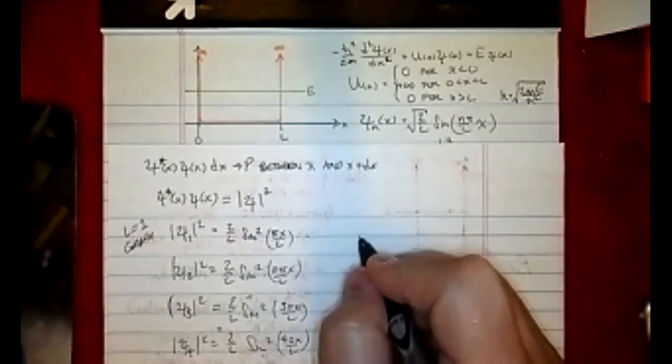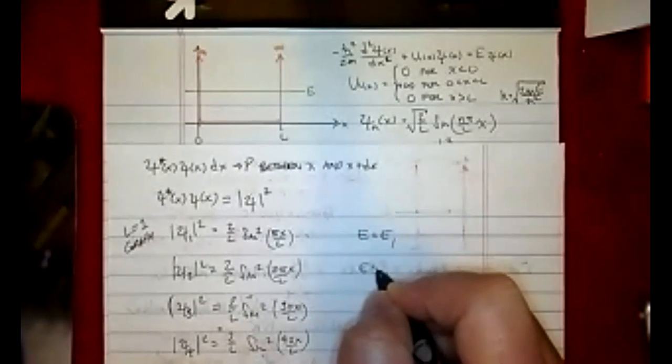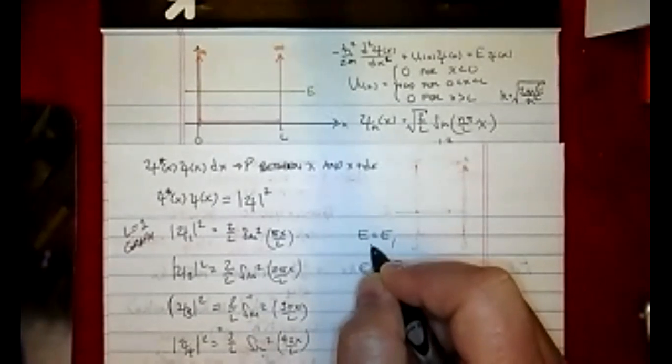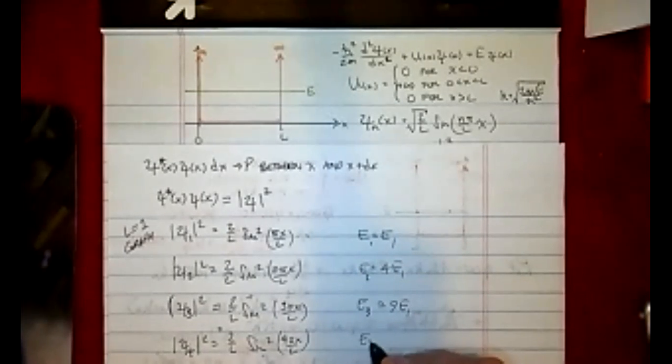These also correspond, of course, to E equals E1. E equals 2 squared times E1 would be 4E1. And this is E2, that's E1. E3 is going to be 9E1, and E4 is going to be equal to 16E1.